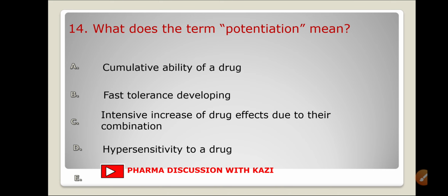Next question. What does the term potentiation mean? The options are cumulative ability of a drug, fast tolerance developing, intensive increase of drug effects due to their combination, hypersensitivity to a drug. We know that when two drugs are combined to get a therapeutic response, then two types of phenomena may happen.